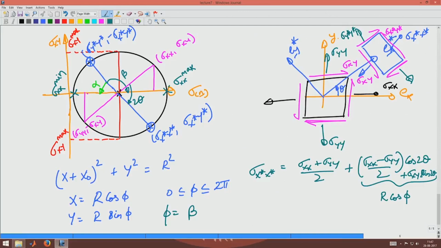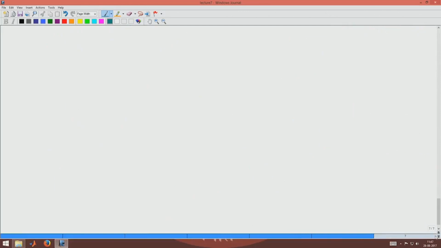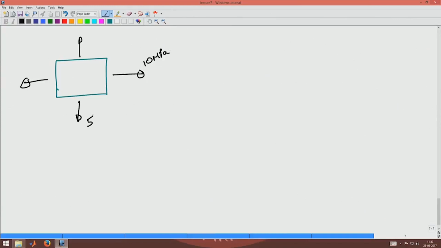Next, let us look at a practical problem. Say I have this plate which is subjected to the following stresses. I have, say, a normal stress of 10 MPa, a normal stress of 5 MPa, and a shear stress of 3 MPa.